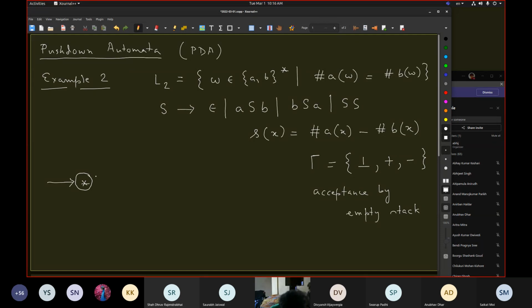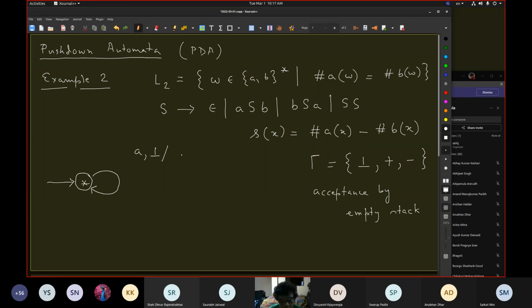Initially the surplus value is 0, and this bottom marker is exposed. Even in some intermediate state, this bottom marker may be exposed because, for example, if I have a string like A, B, B, A, after reading A, B, the surplus once again becomes 0. So whenever the bottom marker is exposed and A comes, what should I do?